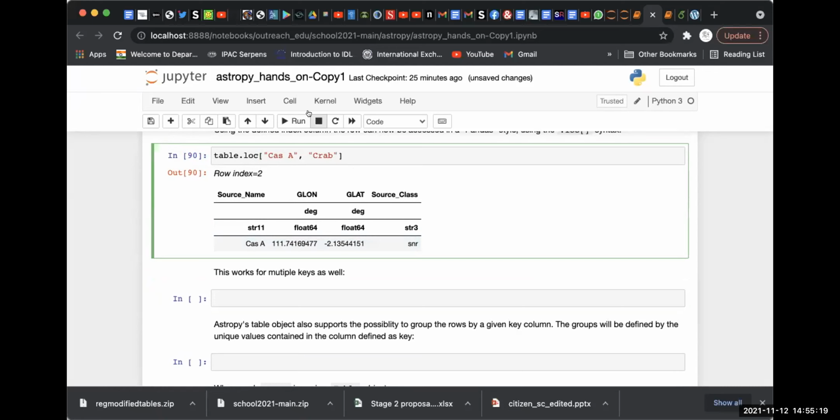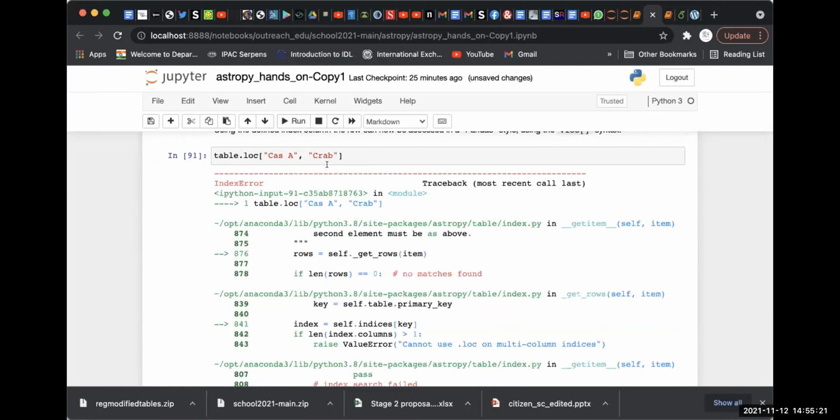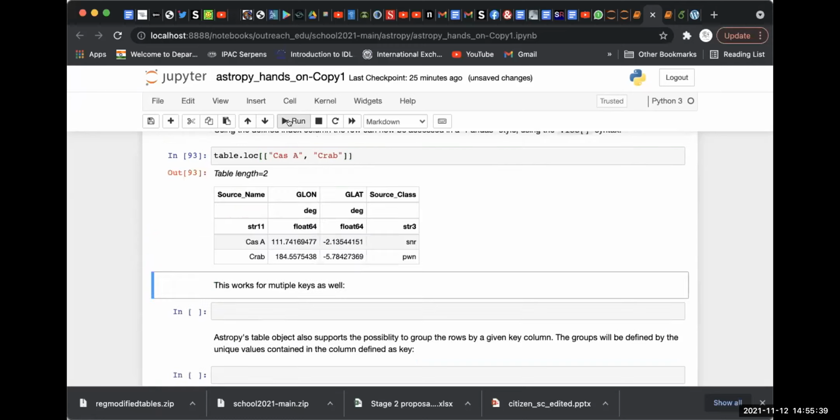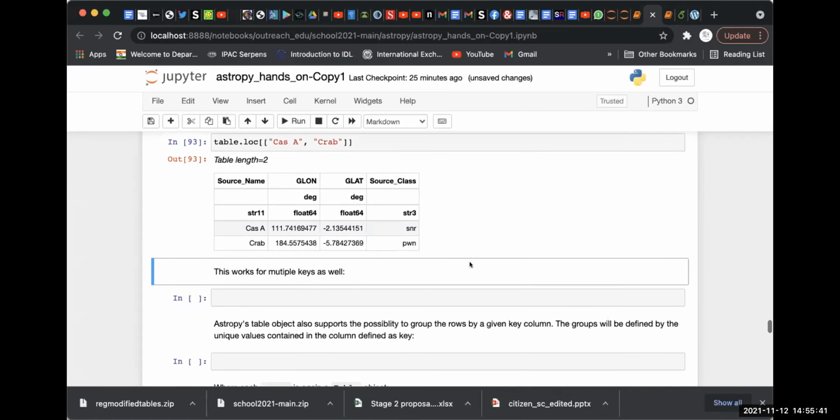So I can take Cassie, I can take crab. What's wrong with this? Okay, so I have to add another square bracket. Within it, I'm adding that, and hence I got to put one more bracket. Right, so this is the one which has both.